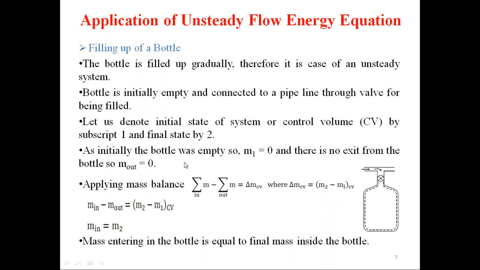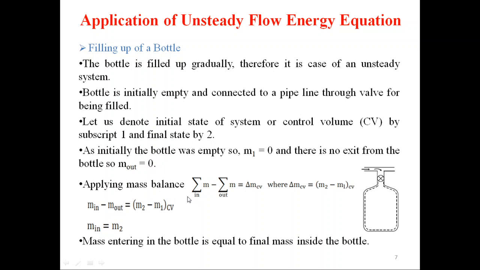As initially the bottle was empty, m1 will be equal to 0. There is no exit from the bottle, so m out will be equal to 0, because there is only entry. When there is no exit of fluid, the mass of fluid going out of the control volume will be 0.